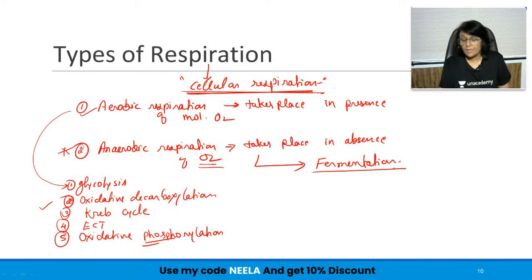Normally when people talk about fermentation, they are talking only about alcohol formation, but in general anaerobic respiration is known as fermentation, and we can classify this fermentation into 2 types, homofermentation and heterofermentation.